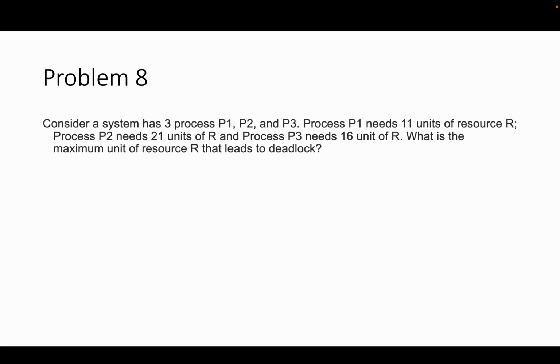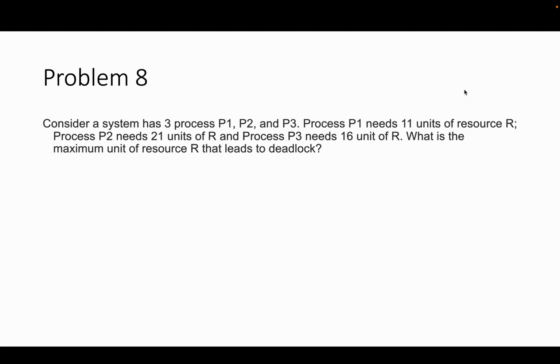So if P1 is requesting 11 units, it should not be able to get all the 11 units. P2 requests 21 units, it should not be able to get 21 units, and P3 is requesting 16, it should not be able to get 16 units. And we have to find the maximum units of R which are available but still lead to deadlock.